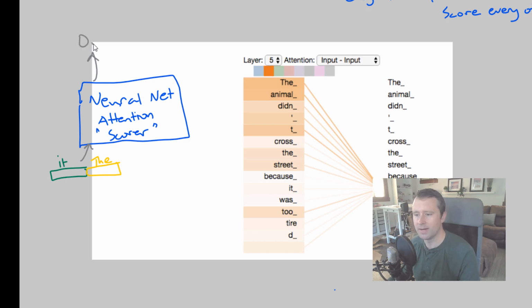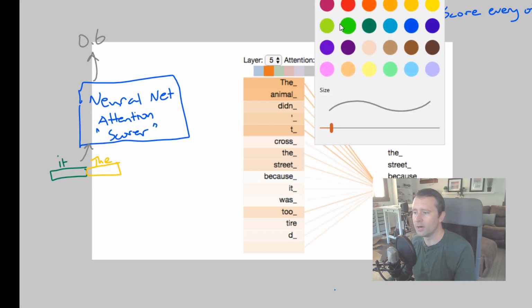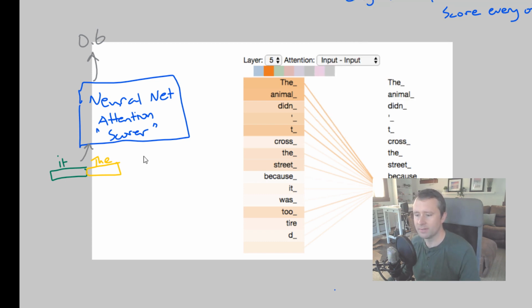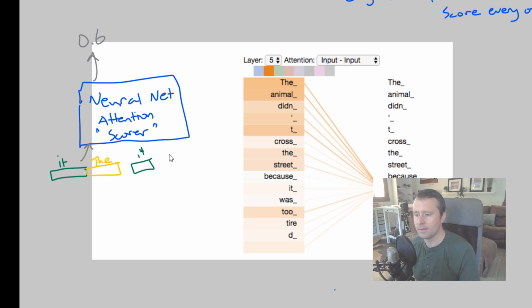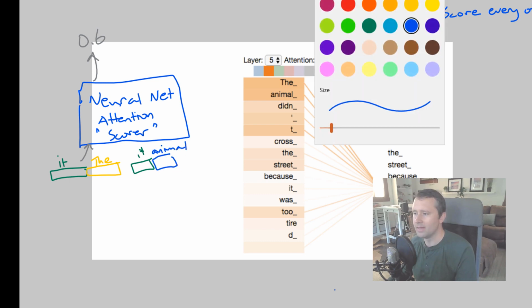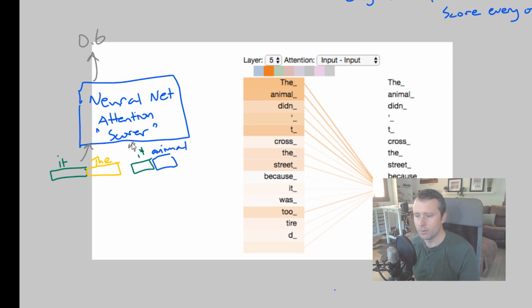Apparently it's kind of high. And then we do the same thing for the next word in the sentence. So we'd go "it" and "animal", and then get another score for that pair.